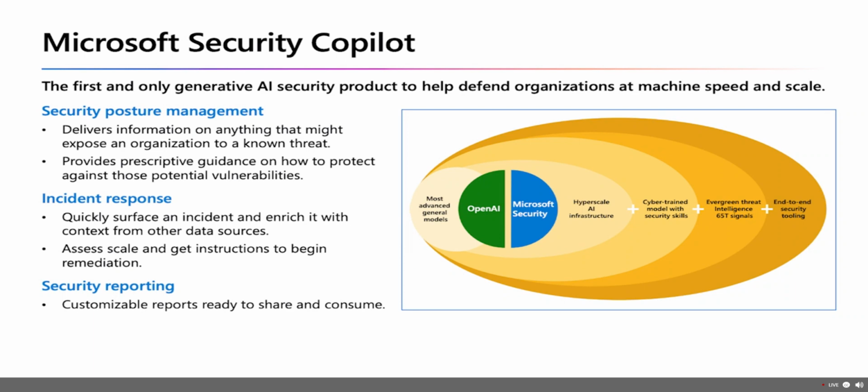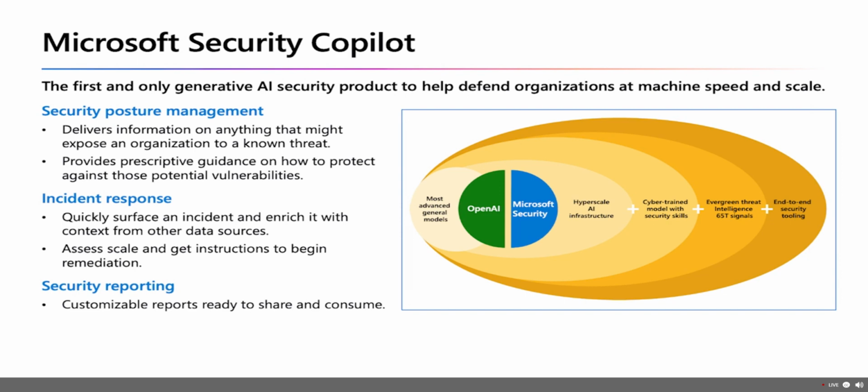The center of Microsoft Security Copilot is the prompt bar that allows security analysts to ask questions in natural language. We have three primary use cases: security posture management, incident response, and security reporting.